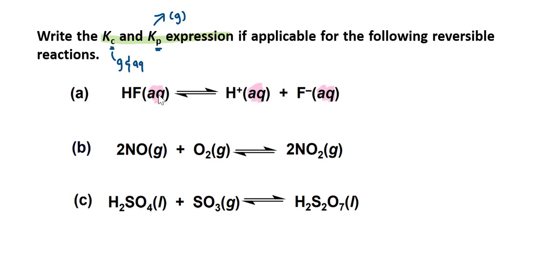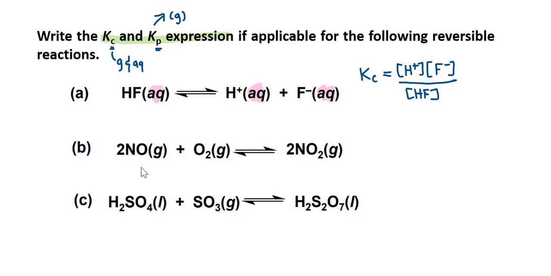So for the first reaction here, we only have the Kc expression. The Kc expression is equal to the product, H plus to the power of 1 because we have 1 mole here, times F minus to the power of 1, divided by the concentration of HF also to the power of 1.